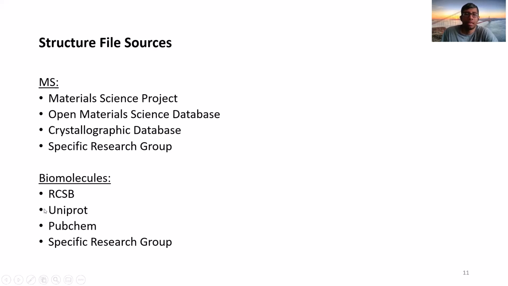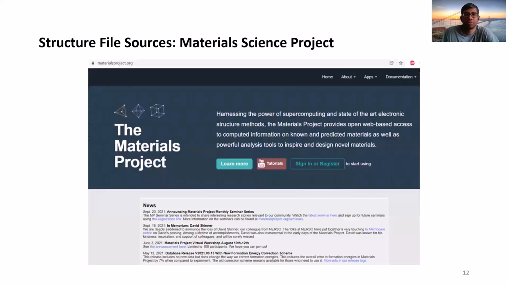Sometimes you get the structure files from UniProt or PubChem, and again from specific research groups' repositories. So the structure file sources can be diverse and multifarious, and you have to determine how you want to make your system or how you want to start with your structure.